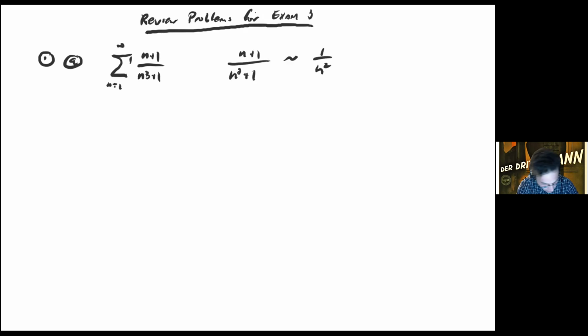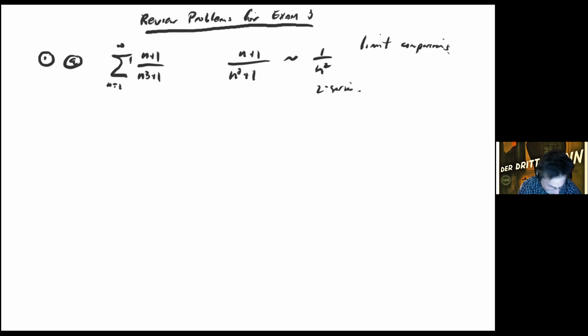The way I'm going to compare it is using the limit comparison test. That's a better test here, because n plus 1 over n cubed plus 1 is not less than 1 over n squared. And notice that the series for 1 over n squared is the p-series, so the p-series converges.